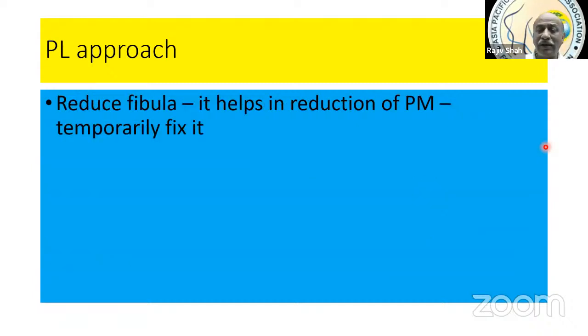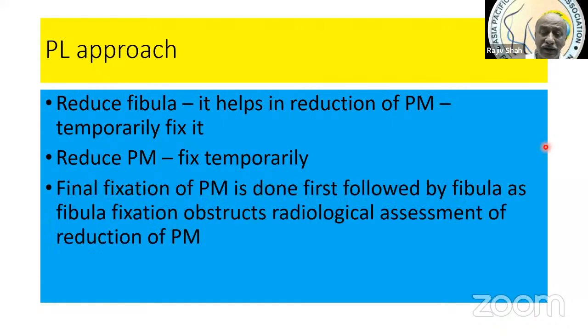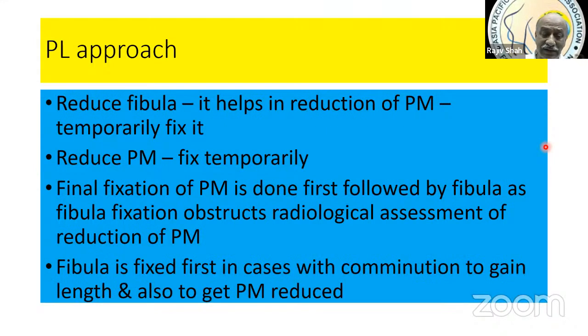Reduce the fibula, it helps in reduction of the posterior malleolus, temporarily fix it; that's what I do with 1 or 2 K-wires. Then I reduce the posterior malleolus, fix it temporarily, then fix the posterior malleolus, and then the fibula, so that it doesn't obscure your radiological assessment. In the cases where you have a combination, we want to gain the length of the fibula, so we do fibular fixation first and then the posterior malleolus.